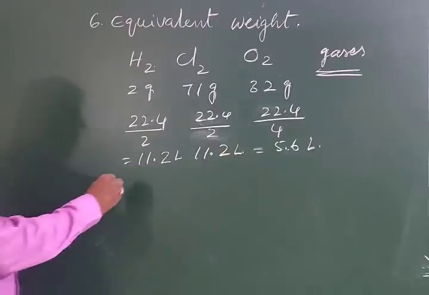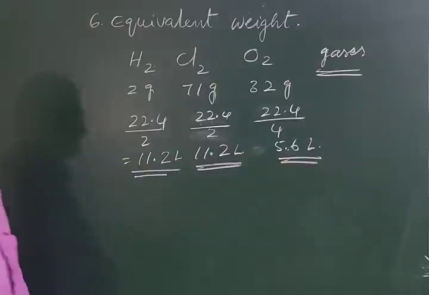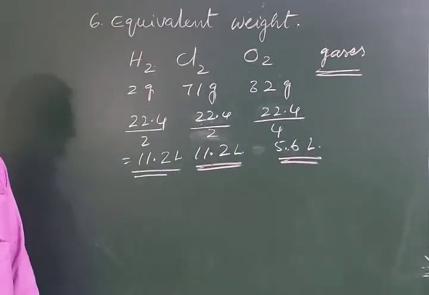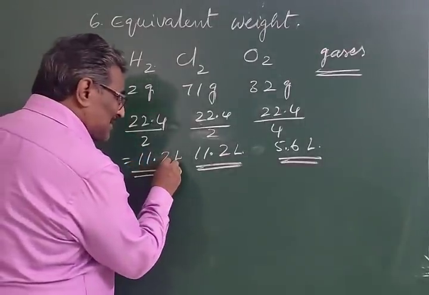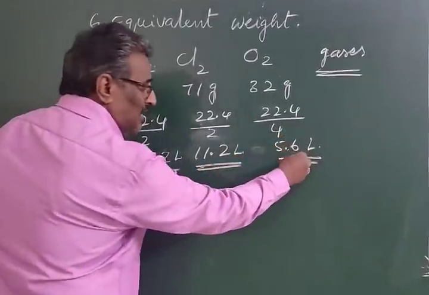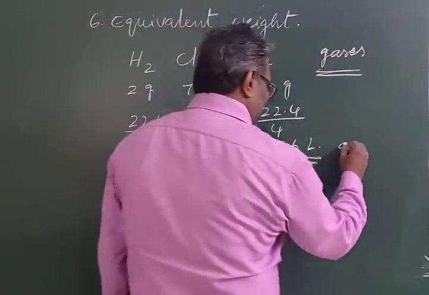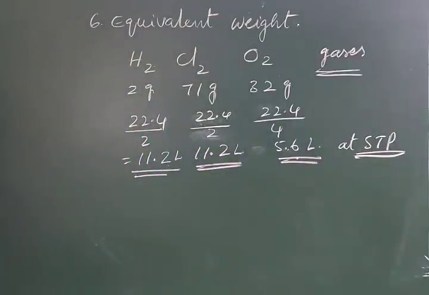So we can define the equivalent weights in terms of these volumes also. So how do you define? The amount of substance that reacts or liberates, directly or indirectly, 11.2 liters of hydrogen or 11.2 liters of chlorine or 5.6 liters of oxygen at STP. This is important: all the volumes are measured at STP conditions.